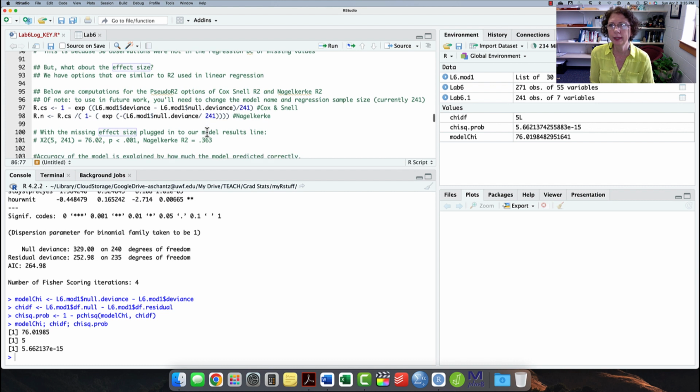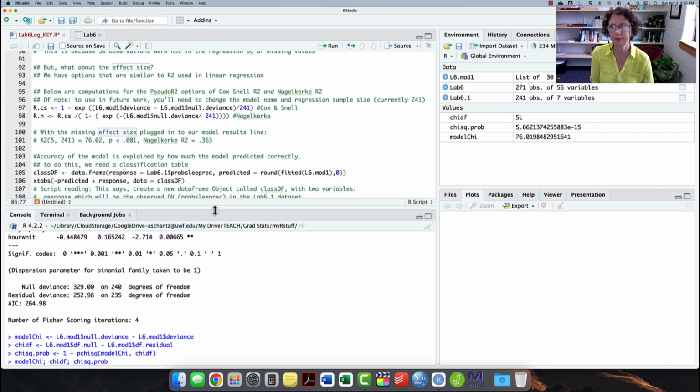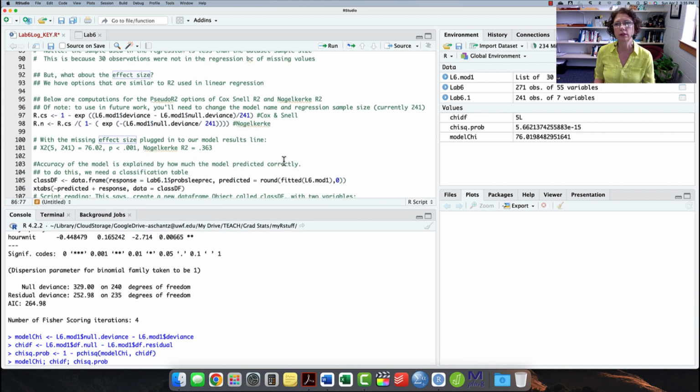So how do we get that effect size? Well, those deviance scores are also used to calculate the effect sizes called pseudo R-squared. There's one called Cox and Snell, and one called Nagelkerke. We're using R as a big calculator here to calculate these.